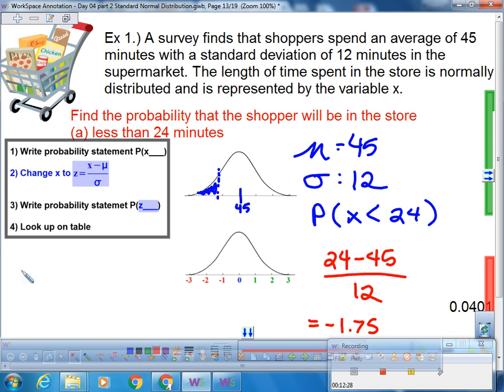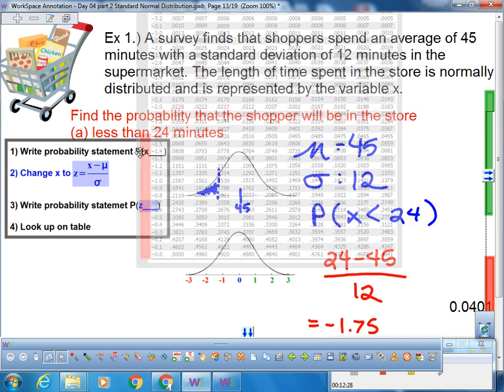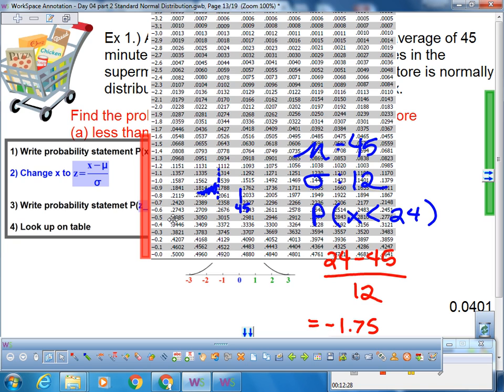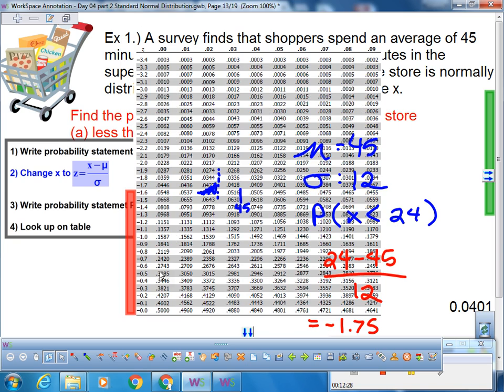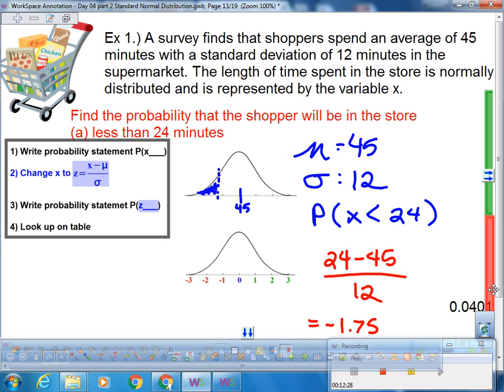All right. So 1.75, if I go into my table and look under negative 1.75, negative 1.7, I'm going to go all the way over to 5, and I get 0.0401. 0.0401, which is what I have here.